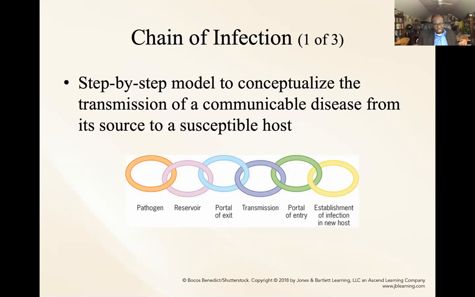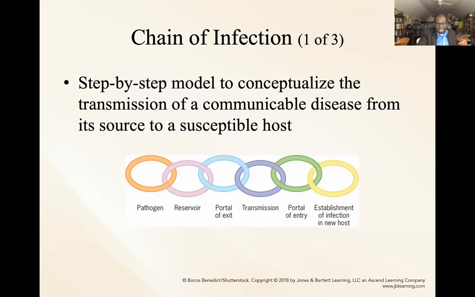See how the chain works: the disease existing in somebody, this now is the host, and from the host, it leaves through the portal of exit, through the mouth. Transmission by the air is to the mouth of somebody.